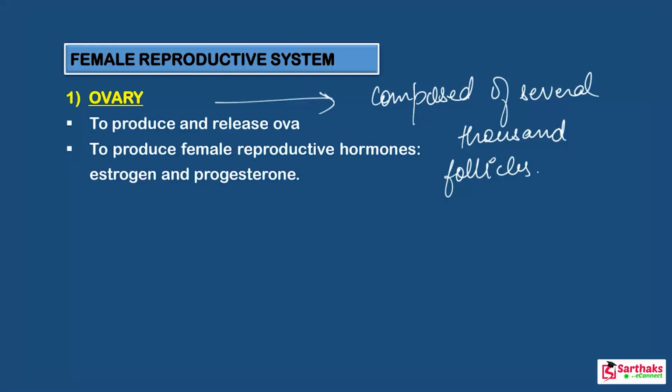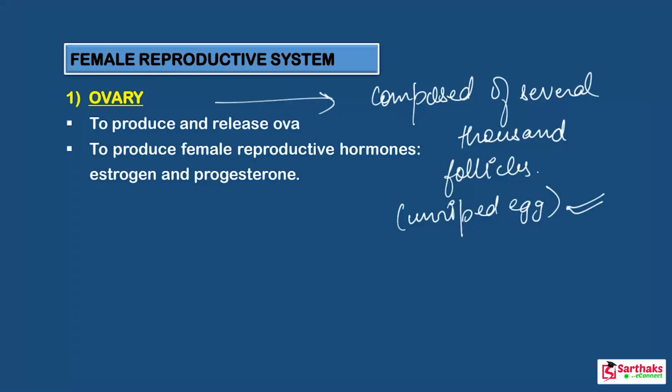So these follicles are basically unripe eggs. Actually, when a female child is born, their ovary contains these eggs. In the body of a female newborn child, the ovary contains these unripe eggs, or you can say immature eggs.